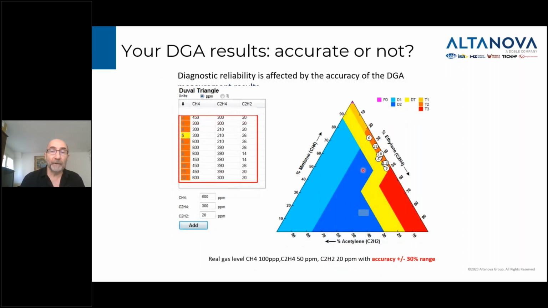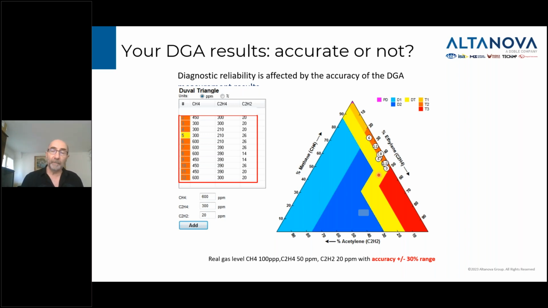Here's another example, with a much higher gas concentration measurement and the same system accuracy of 30%. Here you can see a lot of the diagnostics fall into a D2 or a T2, which is mostly a thermal fault between 300 and 700. Some of them are very close to arcing, and some of them are in the DT.